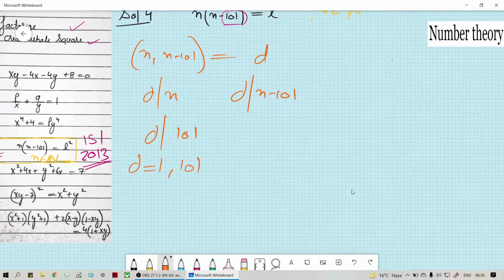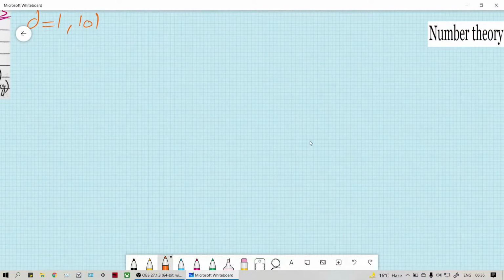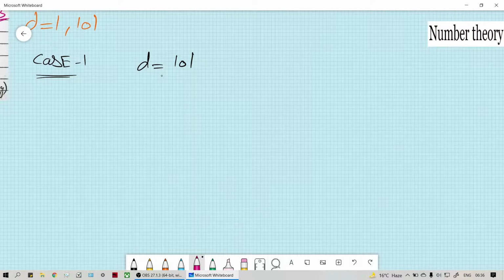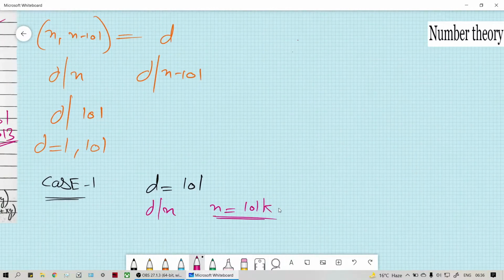Now we'll have to take two cases. Let's take case 1. Case 1 is when d is 101. Now if d is 101 and d divides n, then n can be written as 101k.